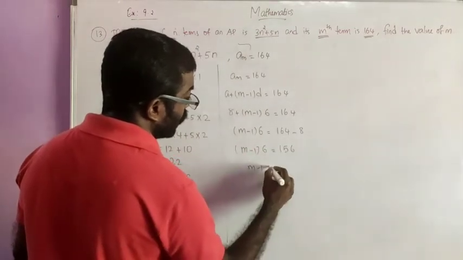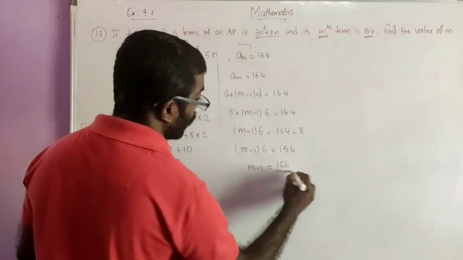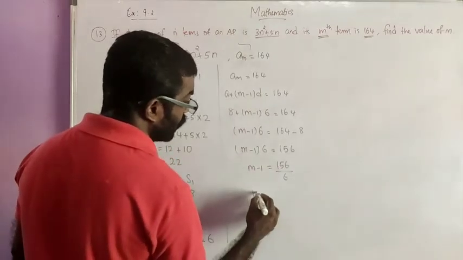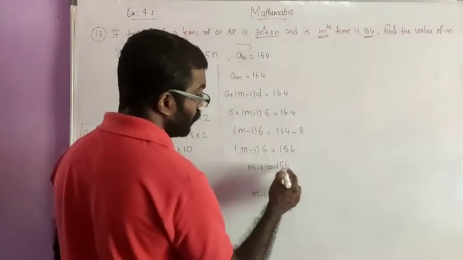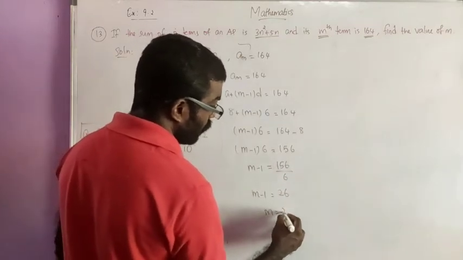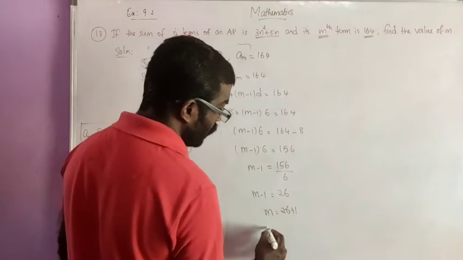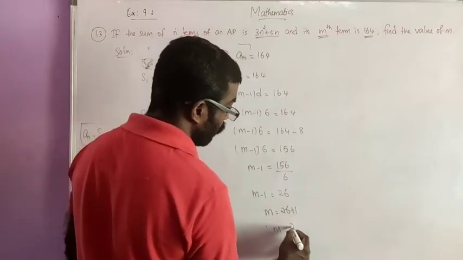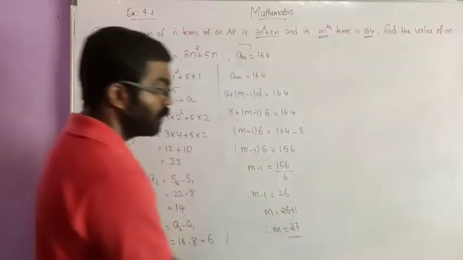And m minus 1 is equal to 156 divided by 6. That is m minus 1 is equal to 156 by 6, that is 26. Or m is equal to 26 plus 1, that is 27. The value of m is 27.